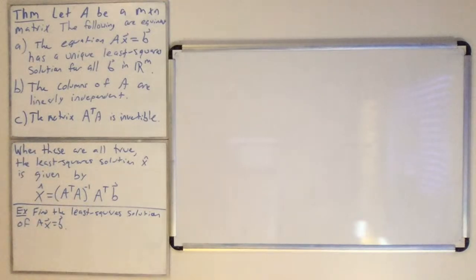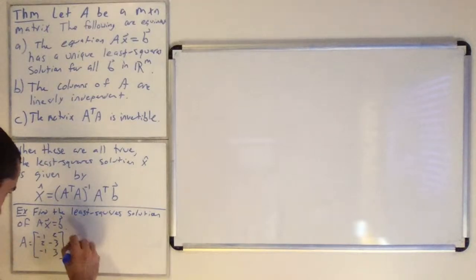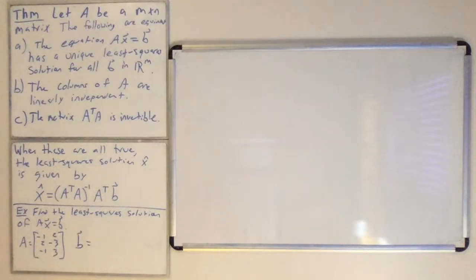So we'll find the least squares solution of Ax equals b. A is the matrix with rows -1, 2, -1 and 2, -3, 3, and b is the vector 4, 1, 2.